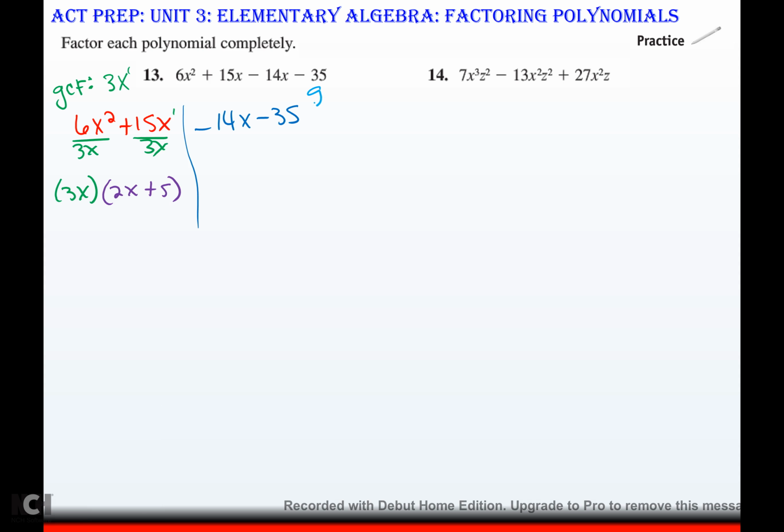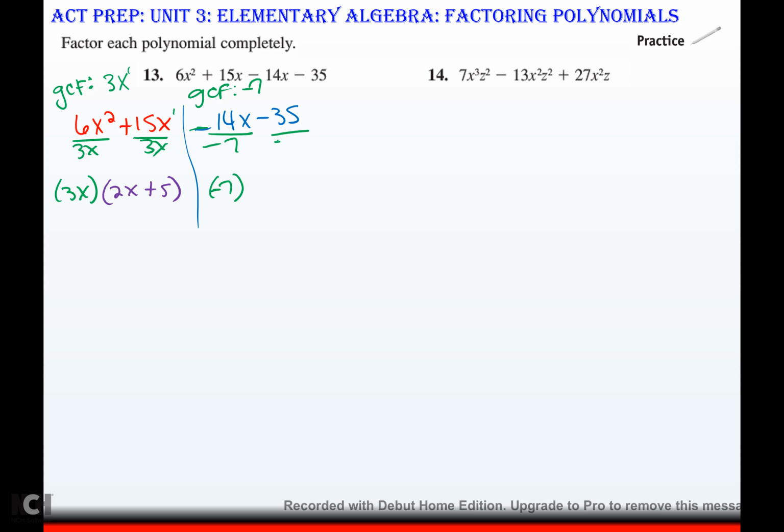My GCF on this side, biggest number that goes into, so starting with 14, no, 13, 12, 11, 10, 9, 8, 7, yes. And they don't have any copies of x, so my GCF is 7, and I always take this guy's sign, so negative 7.